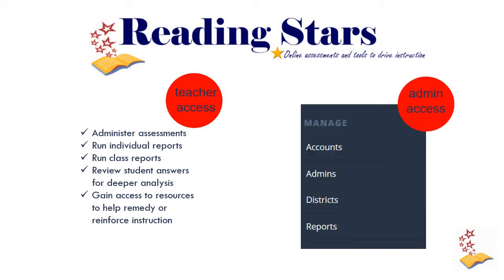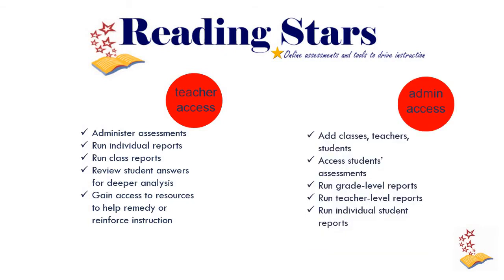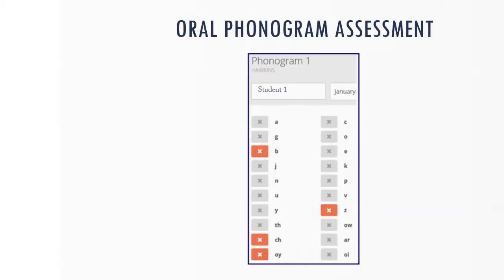This is what the administrator view will look like. Administrators can add classes, teachers, and students, access students' assessments, run grade level and teacher level reports, as well as running individual student reports. Let's walk through the various assessments.